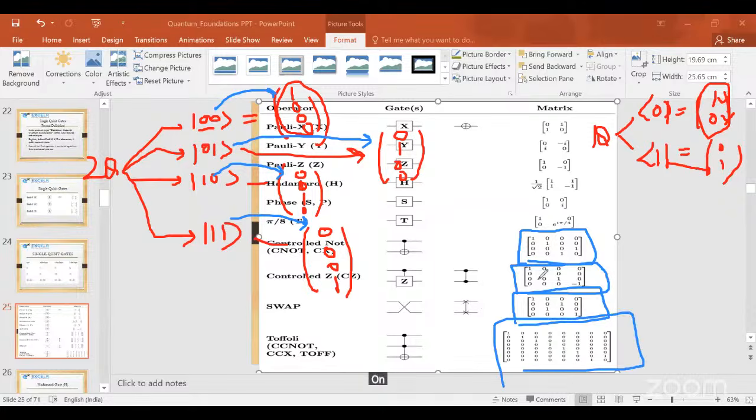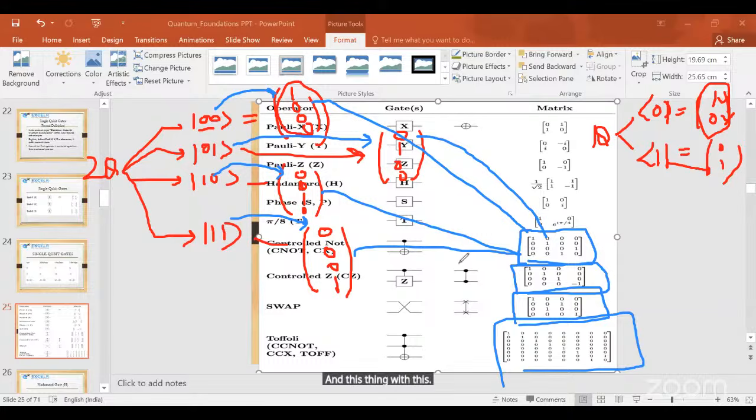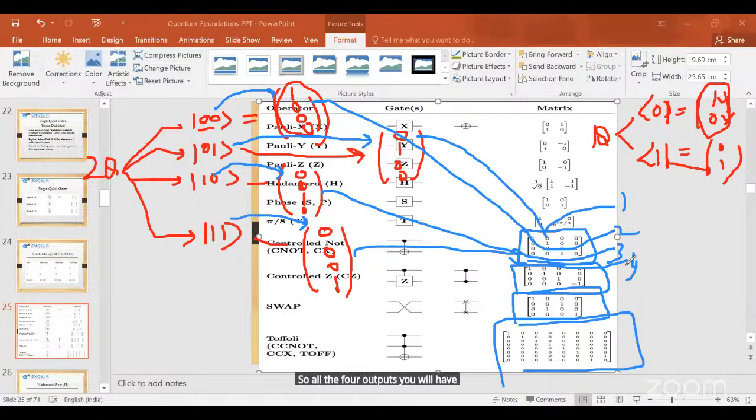Mathematically, what remains is that we can multiply this with this, then this with this, and so on. For each one we will have an output, so we will have all 4 outputs in the multi-qubit gates. This is the mathematical point of view.